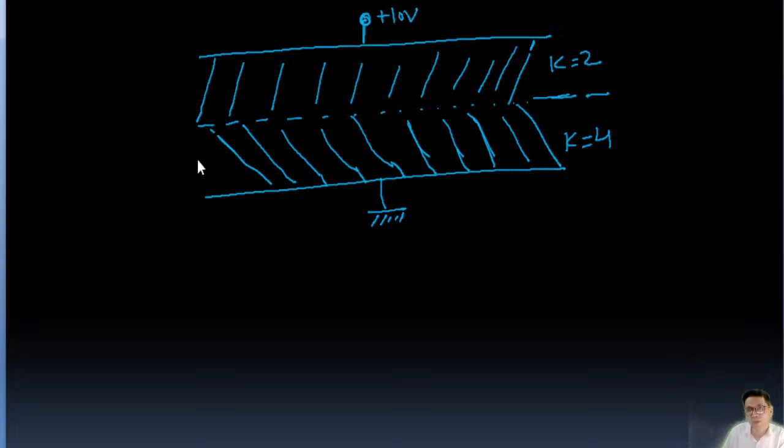So this is the figure which is given. This is two parallel capacitor with 1 centimeter, so this distance is 1 centimeter. It means this distance is going to be 0.5.